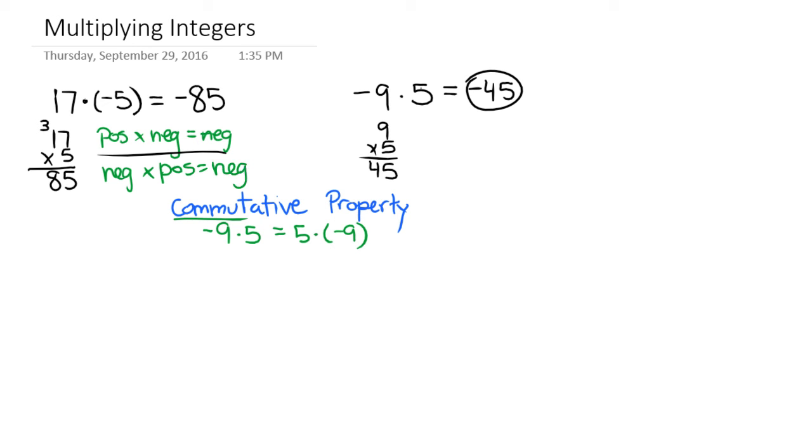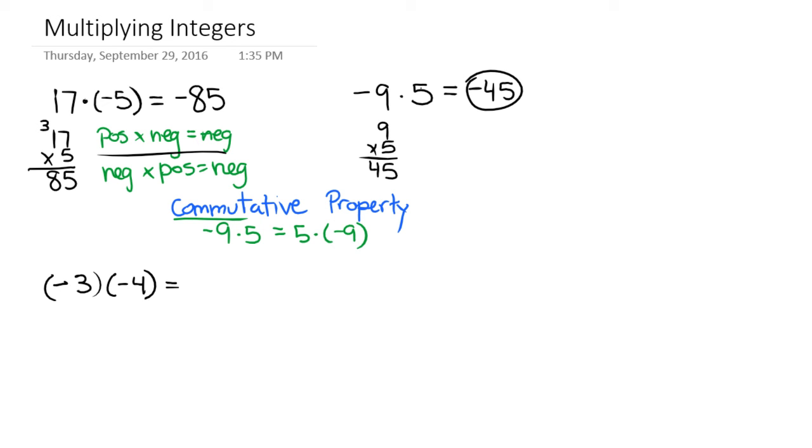Now, the one that most people get confused on is this idea of a negative times a negative. So let's say we have negative 3 times negative 4. And when you start to try and think about people and money, it kind of gets confusing because you're like, okay, so we have negative 3 people that each owe negative $4.